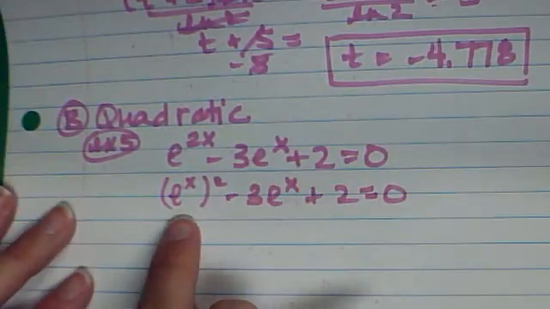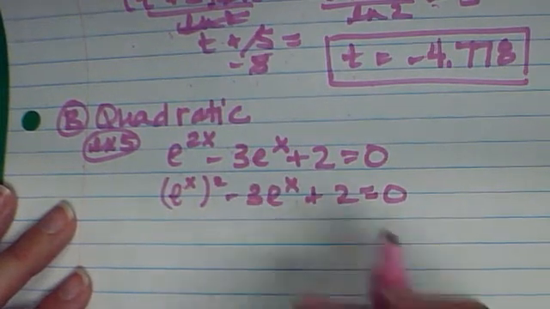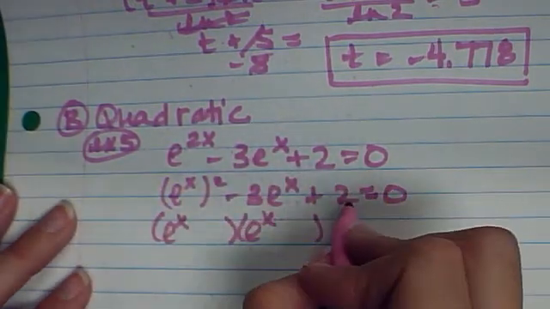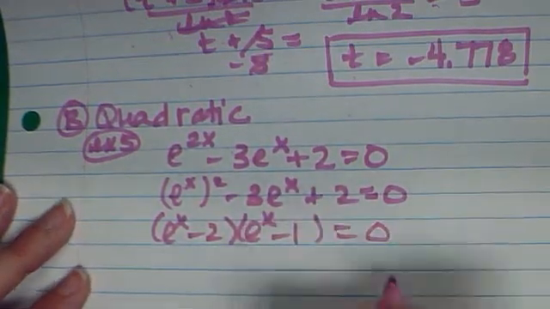Now I notice that it's in the same form as a quadratic. If e to the x was just x, it'd be x squared minus 3x plus 2. So I'm going to factor this. And I know that what multiplies to get positive 2 and adds to get negative 3 is negative 2 and negative 1.